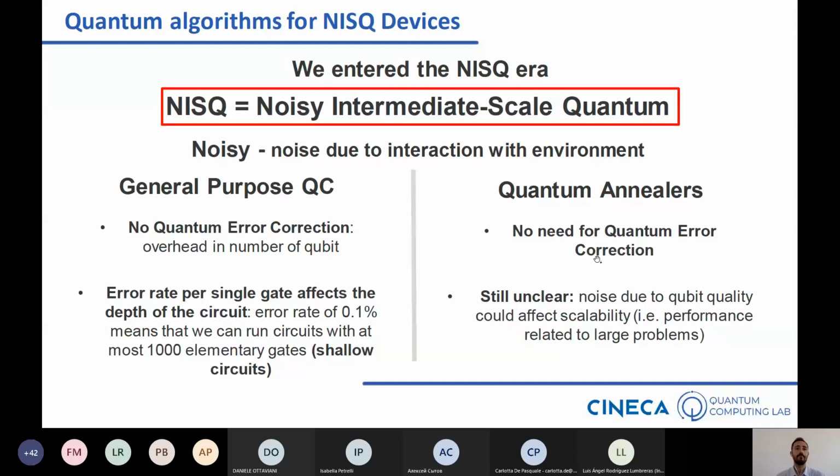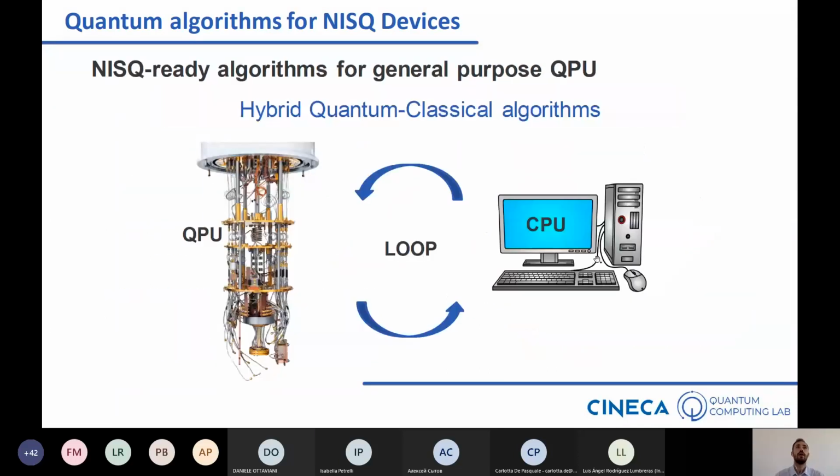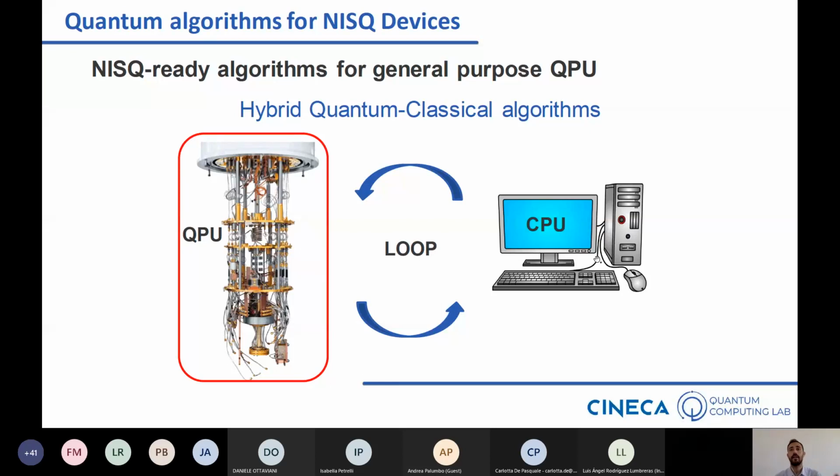As I told you before, what people have tried to develop in the last, let's say, 3 years are hybrid quantum classical algorithms. This kind of algorithms have some part that runs on a quantum computer and a part on the classical computer.